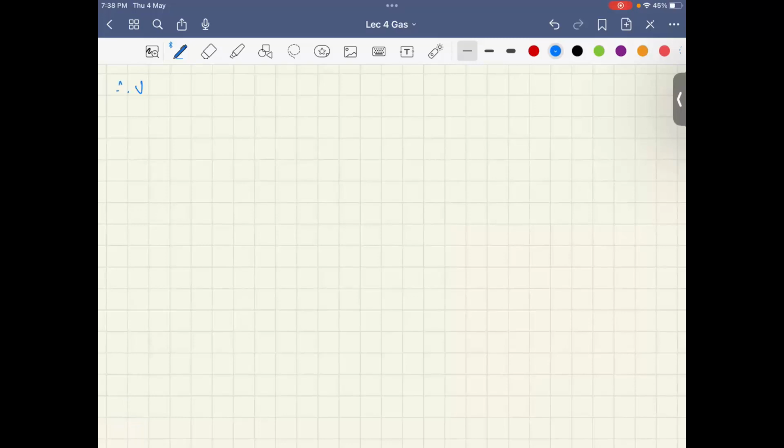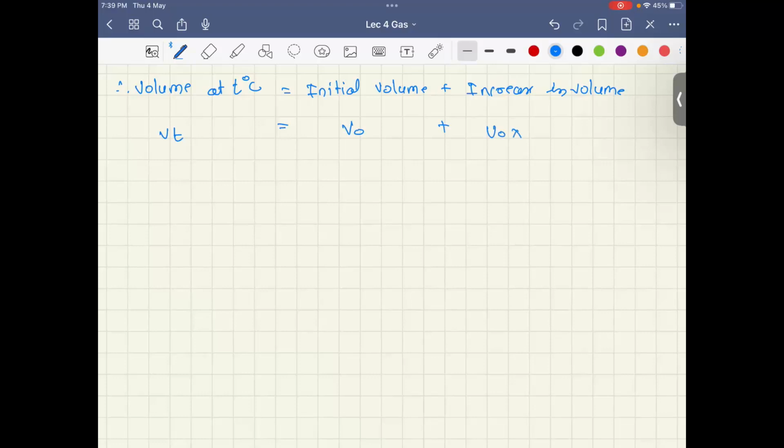Hence, volume at T degree centigrade is going to be initial volume plus increase in volume, right? So Vt is going to be V0 plus V0 multiplied by 1 by 273 multiplied by T, which implies Vt is going to be V0 into 1 plus T by 273, right?